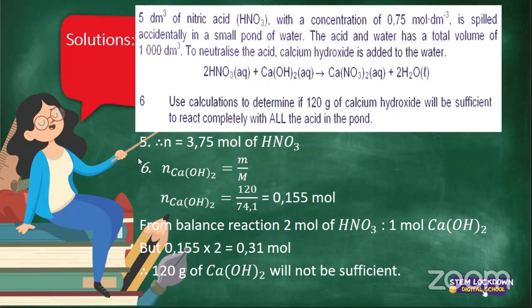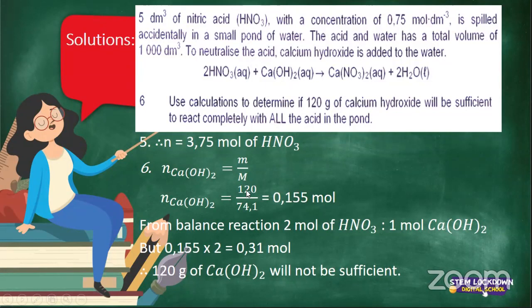So we know the number of moles of the acid, which is n equals 3.75 mole of the acid. Now we want to check the number of moles of the base. So number of moles equals what? Mass over molar mass.